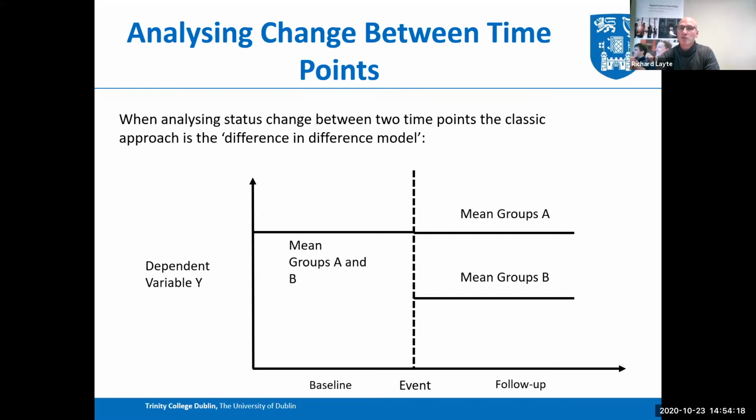Okay, because you're having to make a lot of assumptions here, aren't you, about the effect of your event, the effect of the treatment, if you like, because you don't know, in a sense, all of the other factors that might be influencing the outcome for those individuals. So the difference in difference model is our basic model for analyzing change over time between two time points.